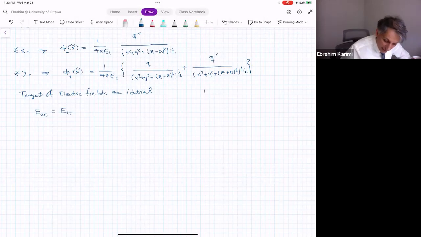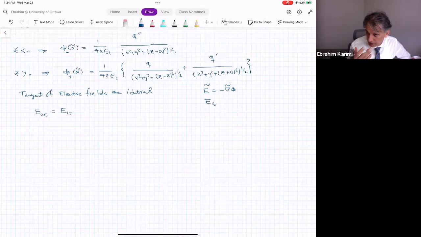First of all, remember the electric field is given by minus gradient of phi. The electric field in region 2, inside the dielectric 2, is given by minus gradient of phi plus, and the electric field for the negative side, material number 1, will be given by minus gradient of phi minus. Do you agree? Good.